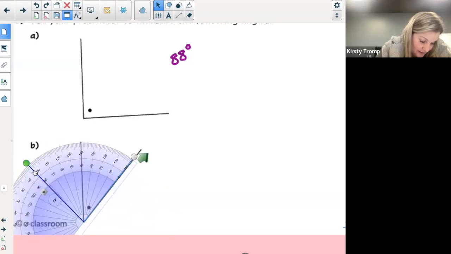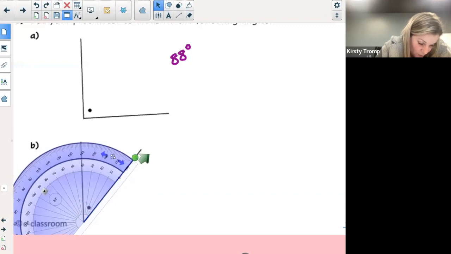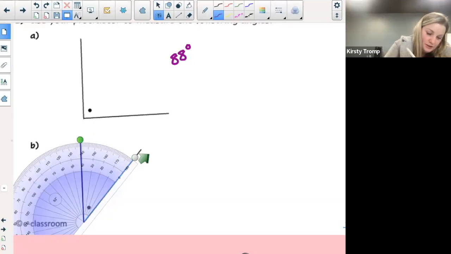You can use your ruler to do this. I'm going to use my little green line. My little green line tells me that this angle is 52 degrees.